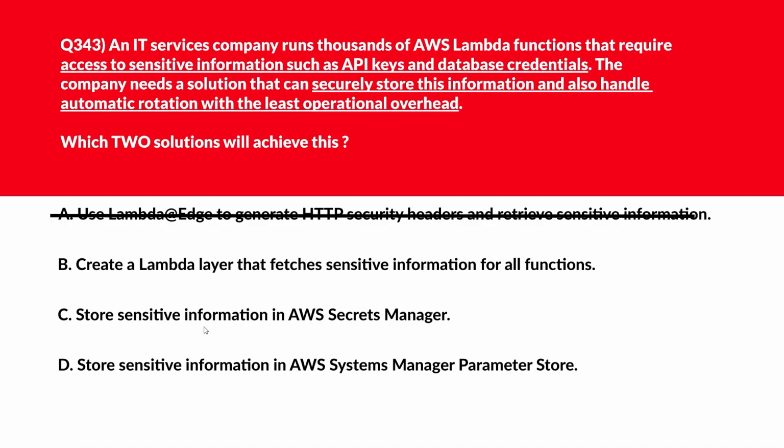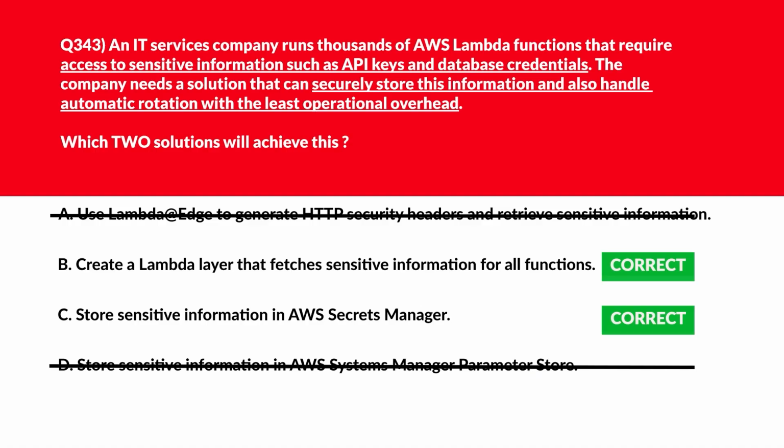Let's keep it. Option C, Secrets Manager securely stores sensitive information and supports automatic rotation with minimal overhead. We'll keep this as well. Option D, Parameter Store stores values but doesn't natively handle automatic rotation. Option B and C are the right answers.